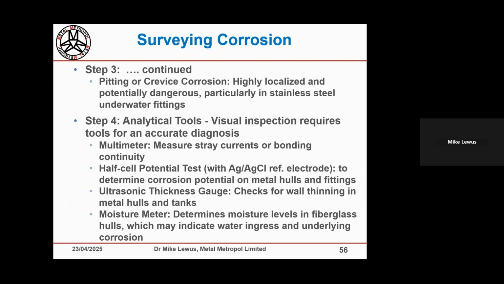And then we come to some forms of corrosion where you're not necessarily going to fully understand the nature of the corrosion problem unless you do something more than just look.